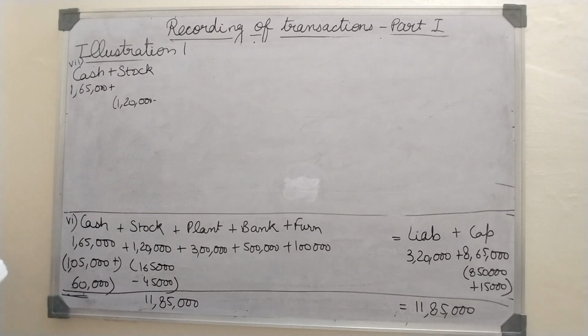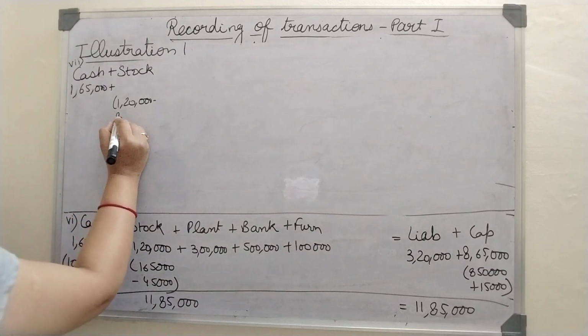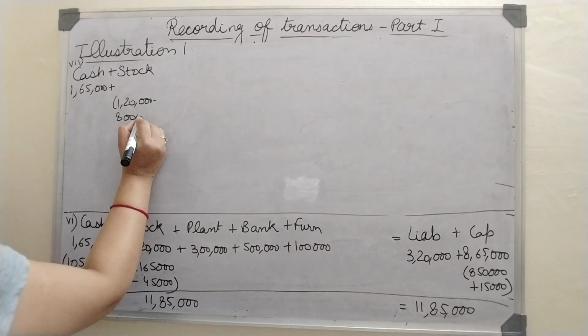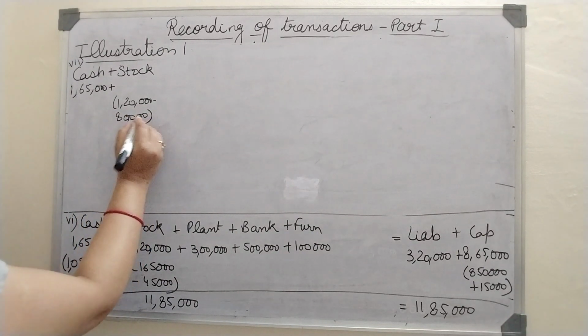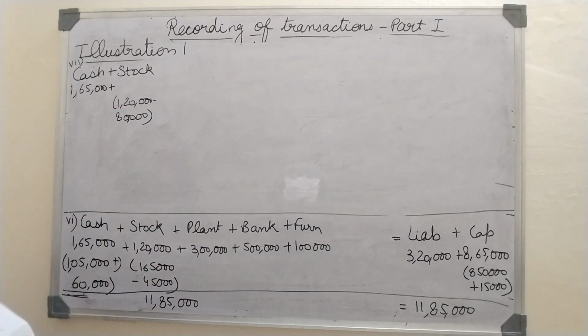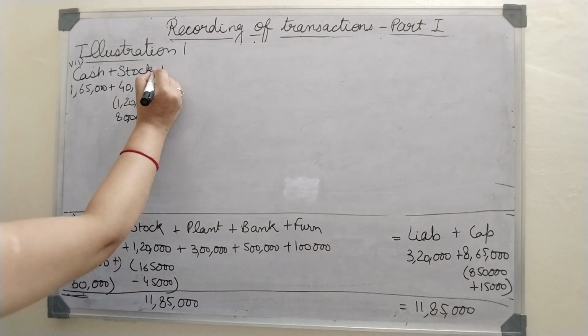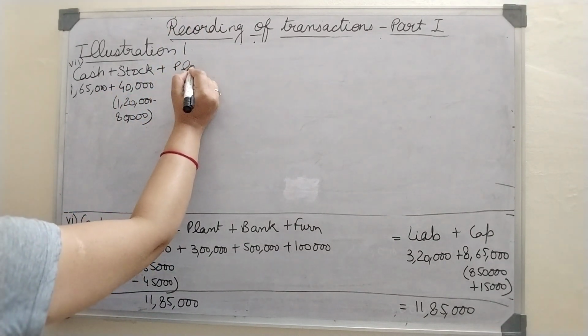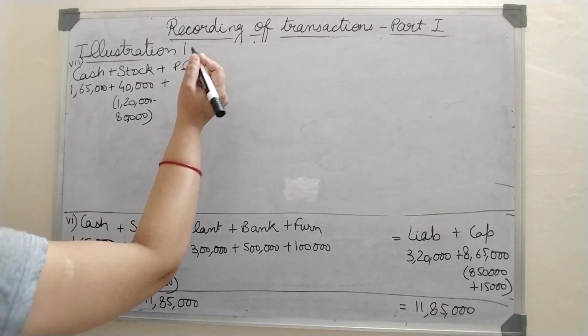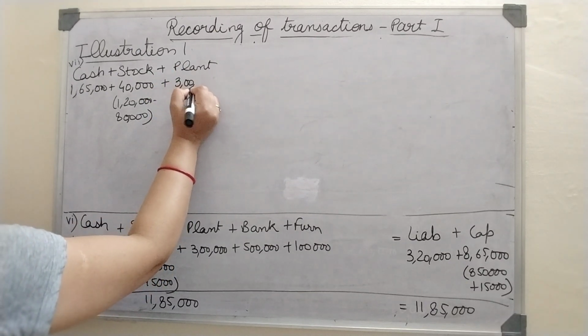So 80,000 of it is sold. So minus 80,000. 1,20,000 minus 80,000 comes to 40,000. Other things are not affected. Land we will write again the same amount. Copy the amounts carefully, please.